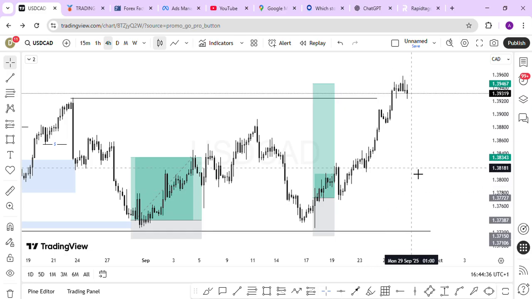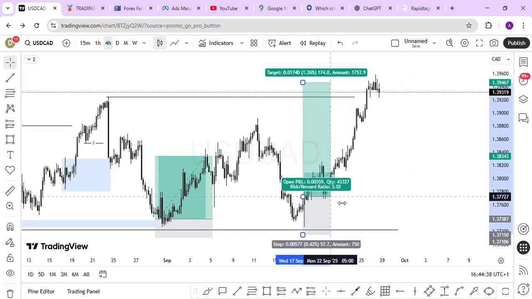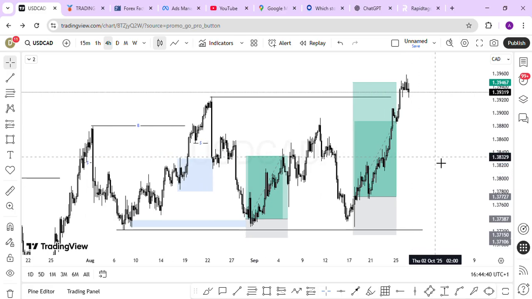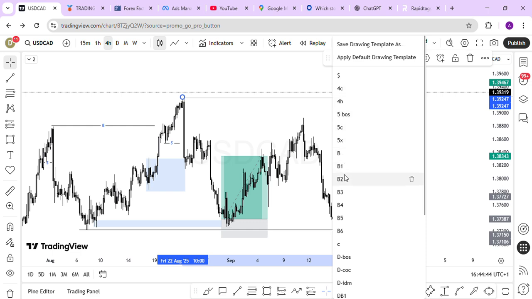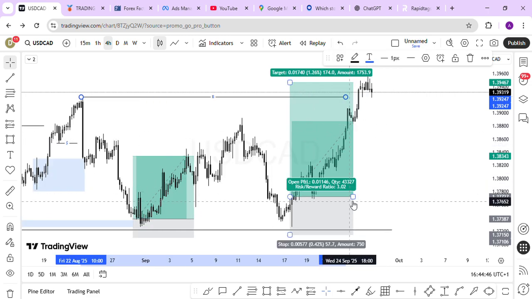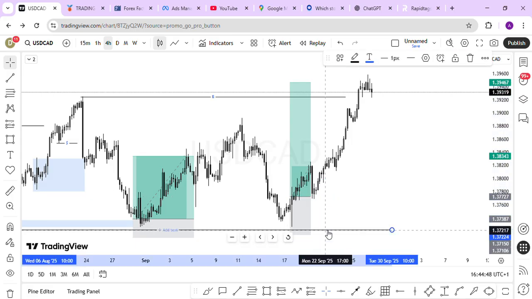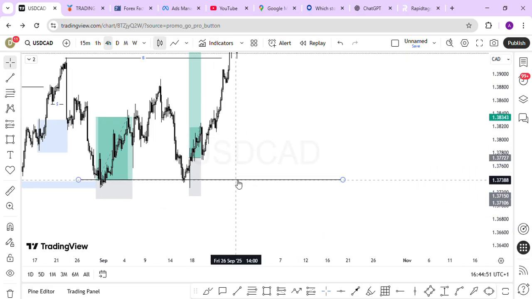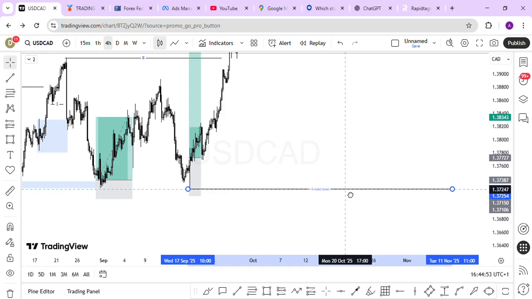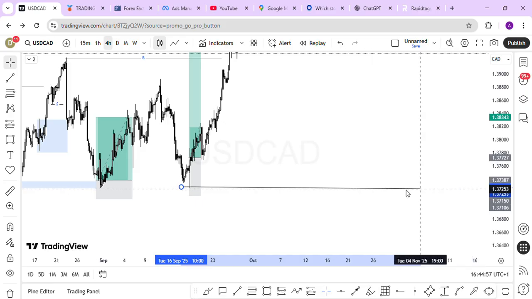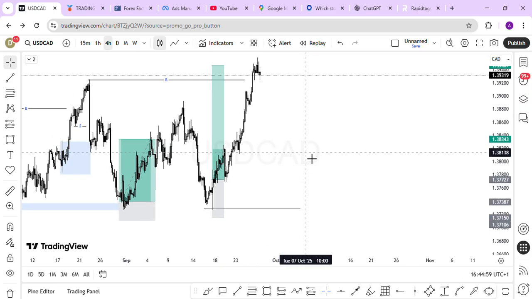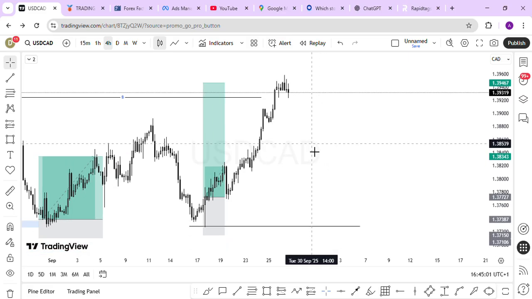So look at this, we had a very good trade last week and this is the current situation of USD CAD. So if we are to position again, it means that this low will serve as our low. This level will serve as our low. Like this is going to be our low that must be protected because the buying structure is still valid.